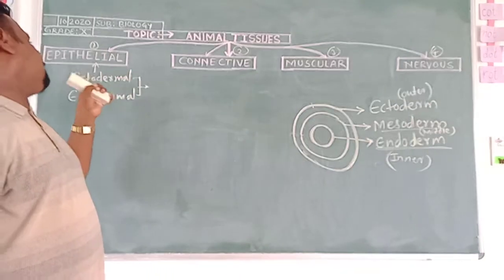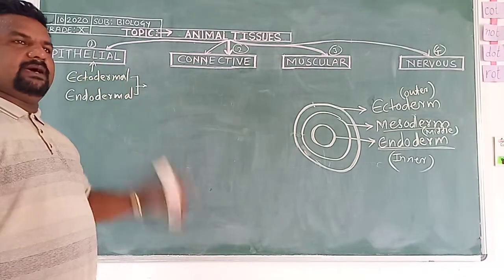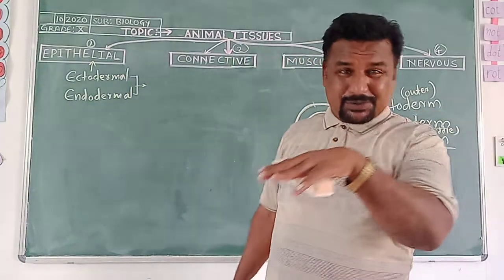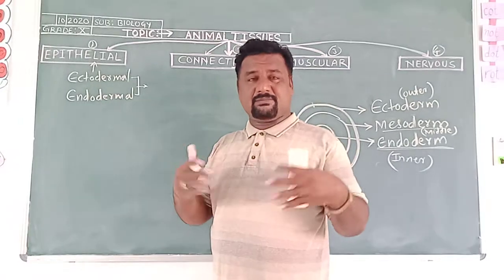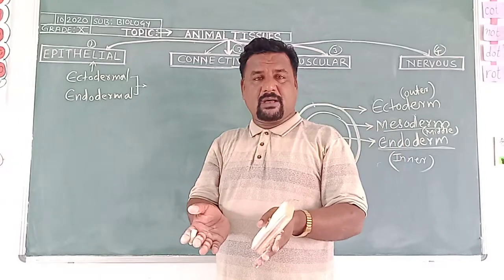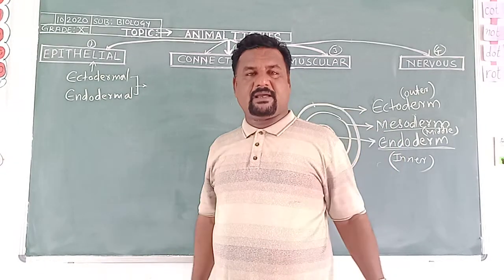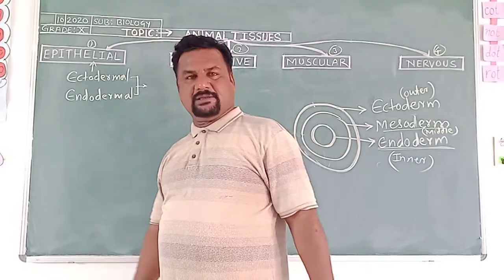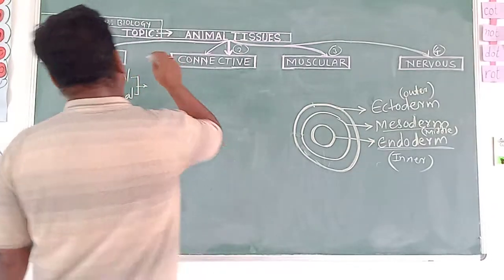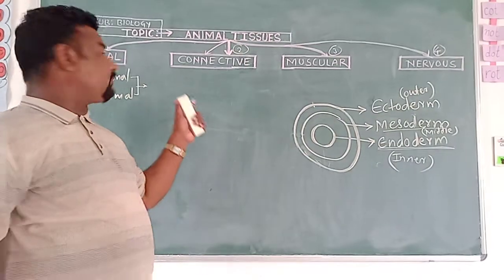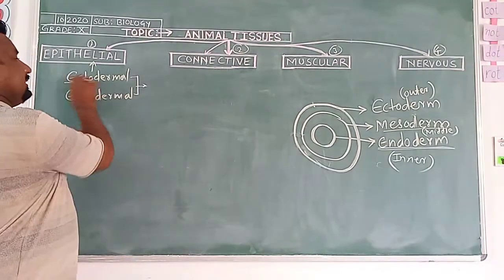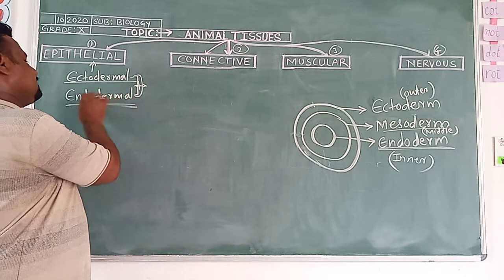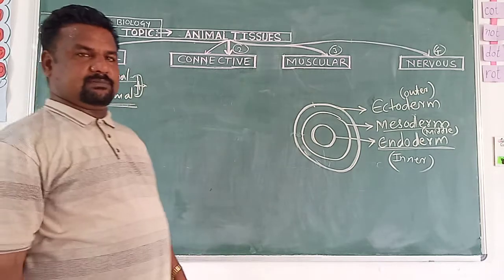Epithelial tissues are derived mainly from the ectodermal layer. Few tissues, like those associated with the digestive system, the stomach, intestine, etc., are formed from the endodermal layer also. So mainly, epithelial tissues in animals are derived from the ectodermal layer. In addition, a few epithelial tissues are also formed from the endodermal layer.